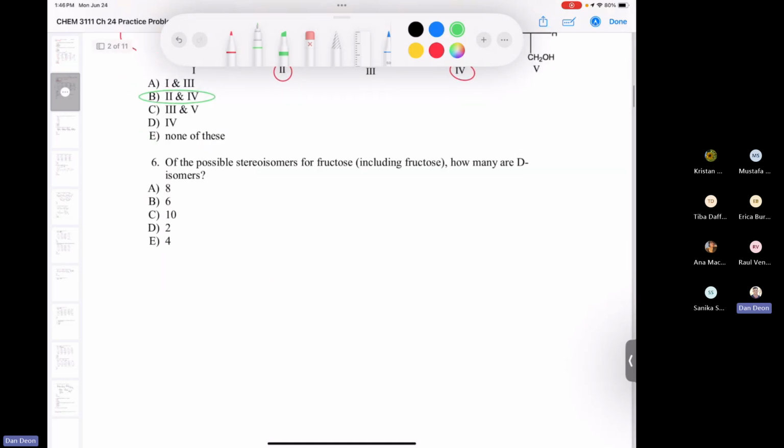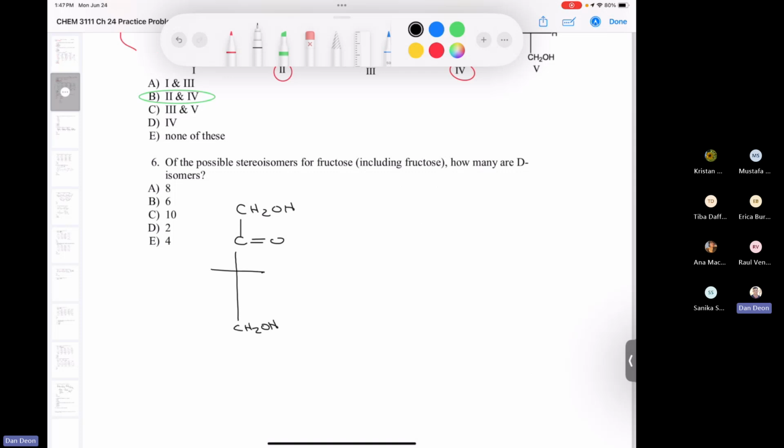All right, of the possible stereoisomers of fructose, including fructose, how many are going to be D-isomers? So remember, you're going to have the handout with the aldoses and ketoses on it. So if you draw the structure of fructose, I'll just scribble it down here quickly, but D-fructose looks like this. So we have CH2OH, then we have our carbonyl, and then we have something that looks like this.